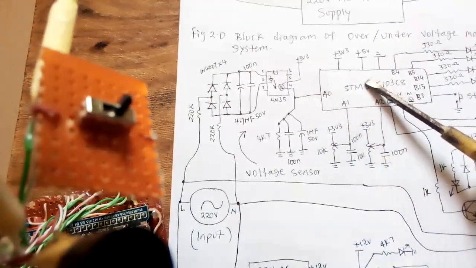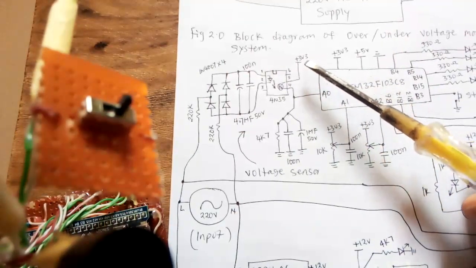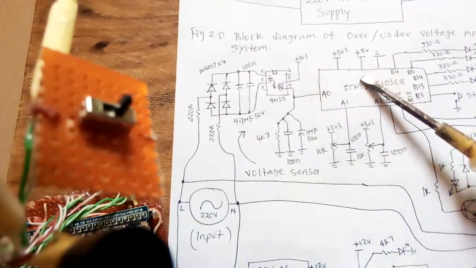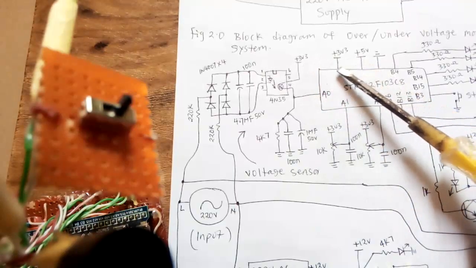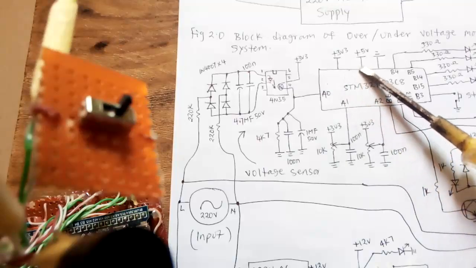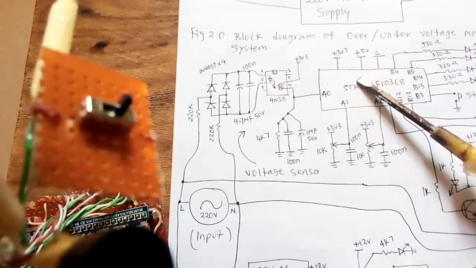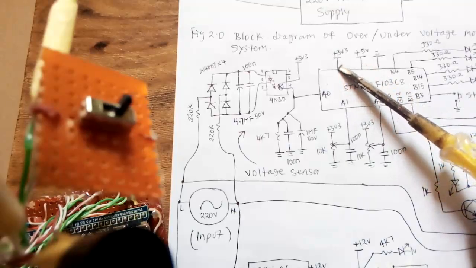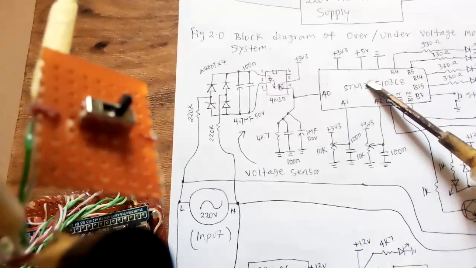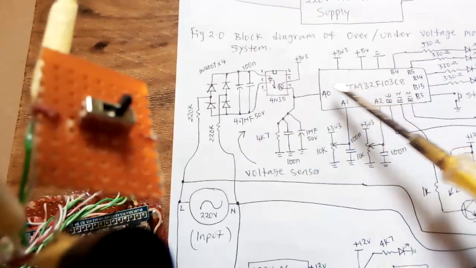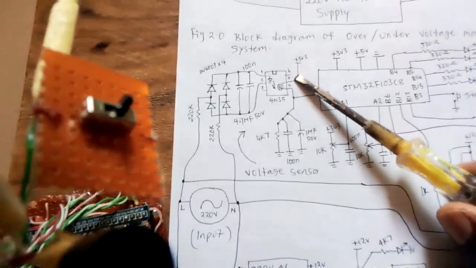Although there is a 5 volt to 3.3 volt regulator on board, which means I can still power it from 5 volts from this point. The regulator provides the 3.3 volts that powers the microcontroller, and because the analog inputs are 3.3 volts, that's the reason I'm powering it with 3.3 volts here.